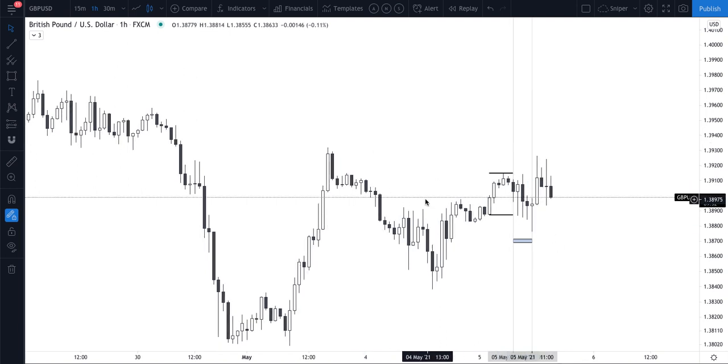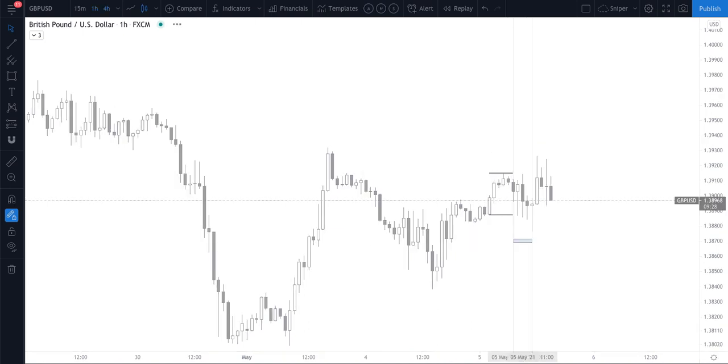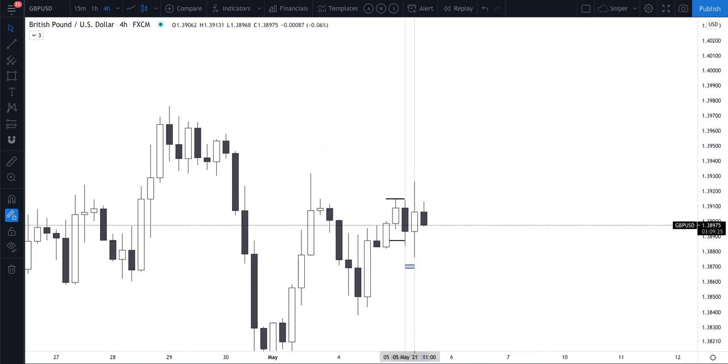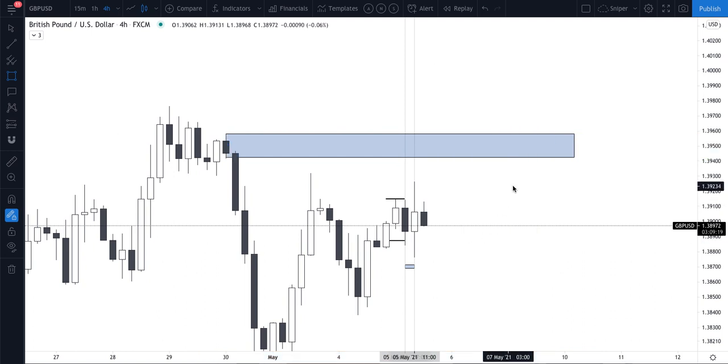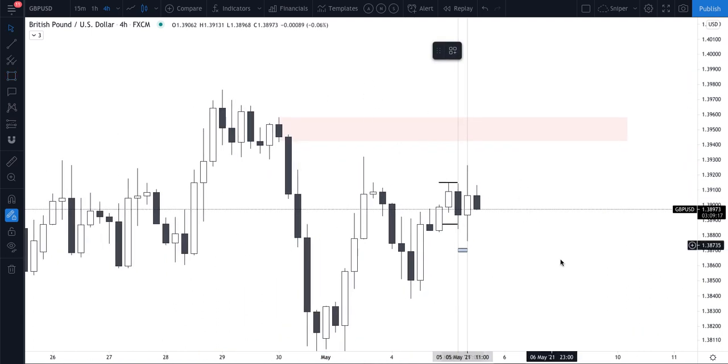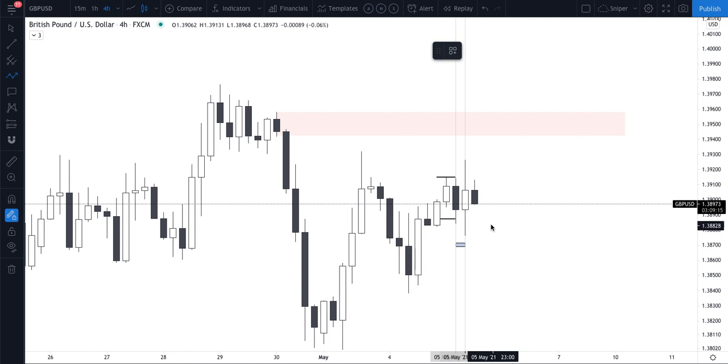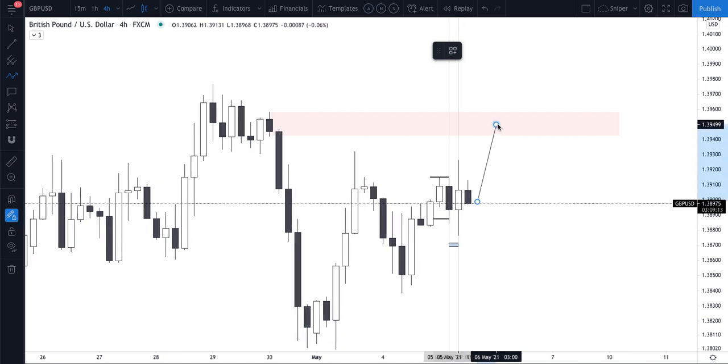I have done a full analysis for the community that I'm with, and I have this area of supply over here. The idea for me was that price will come back up into this area, and then we could potentially see a sell-off towards the downside. That's more of a longer term view, so kind of looking for buys up into that area. So that was kind of the idea, I think.